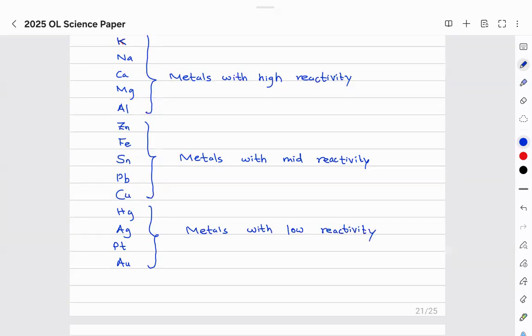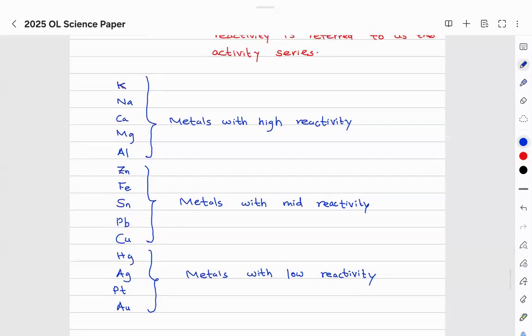So this is the increasing order of the reactivity, or else this in descending order. From bottom to top, it is the increasing order of reactivity.